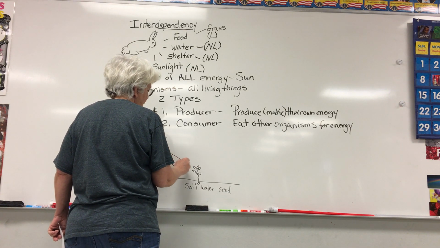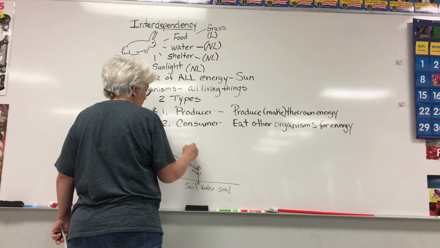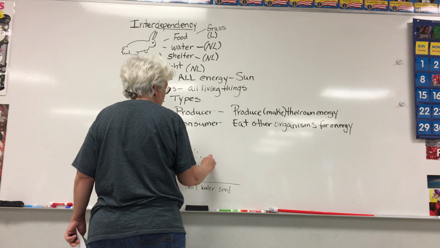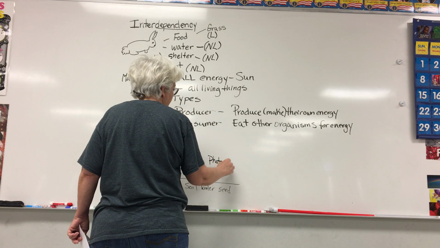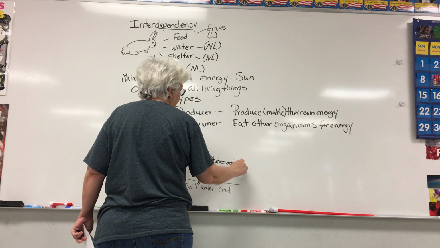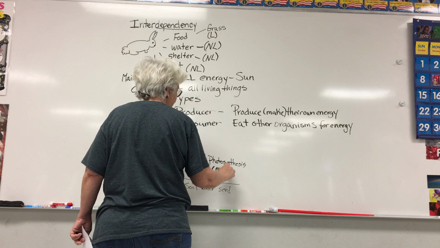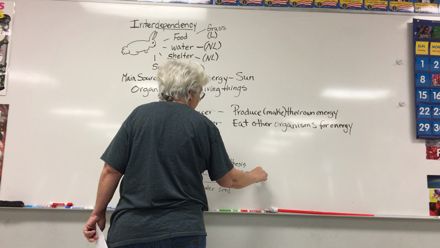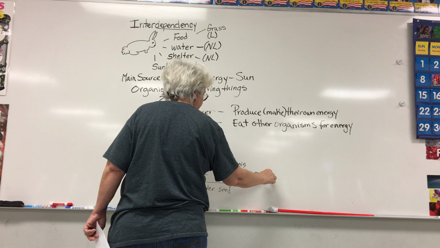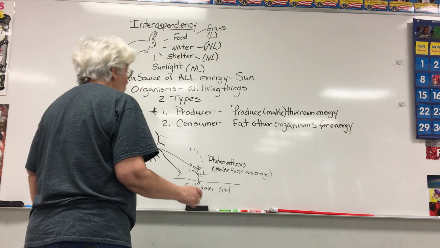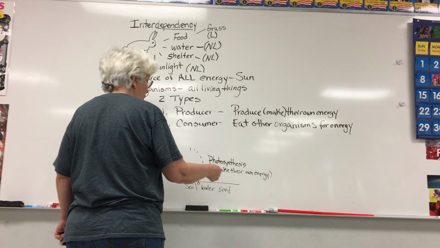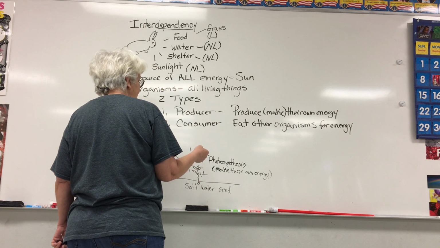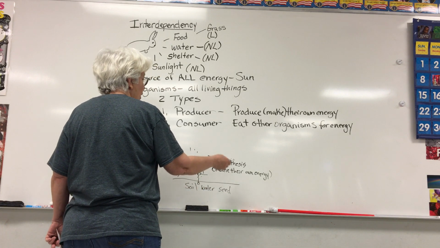Well, the sun shining down on the plant with water and air, the plant goes through a process called photosynthesis. And that means they make their own energy to survive. Okay? Photosynthesis. Through photosynthesis, they make something, whether it's leaves, or a seed, or a fruit, they're making their own energy.